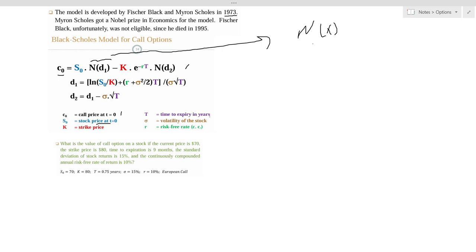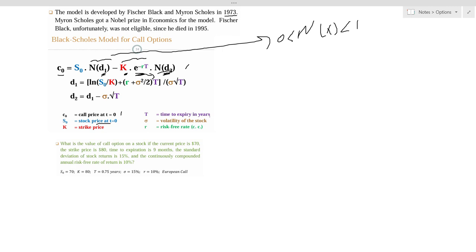This probability takes a value between 0 and 1. And we have the parameter d1, which I will explain later. K is the strike price, and e to the minus r multiplied by t is kind of discounting the strike price, and again we have some weight for this part of the equation.